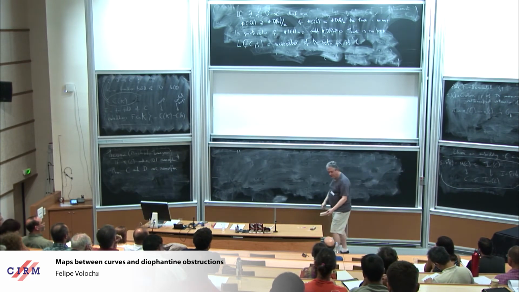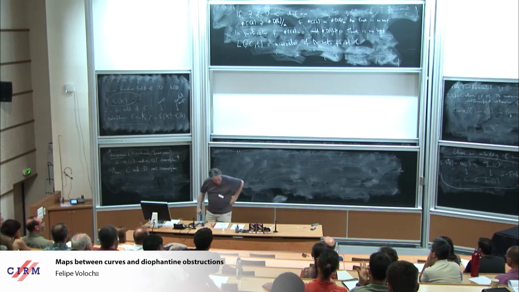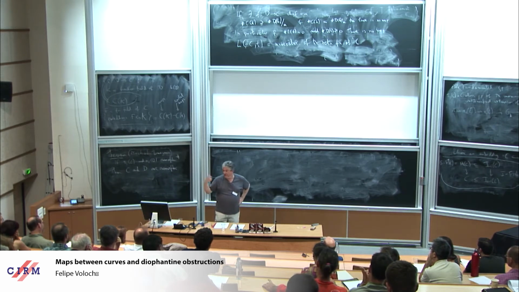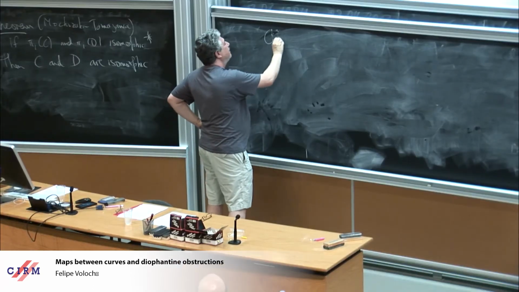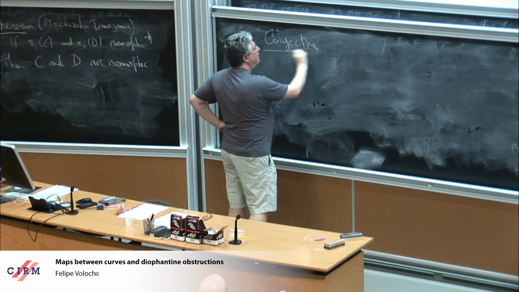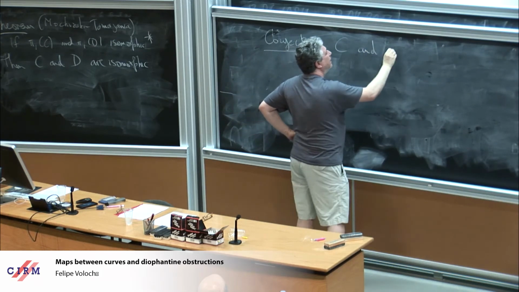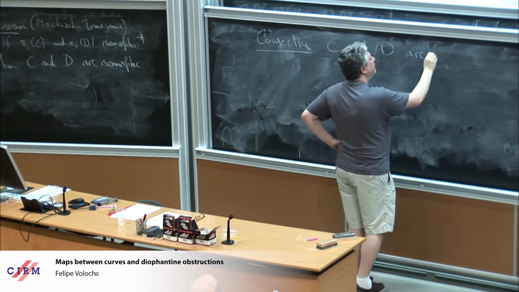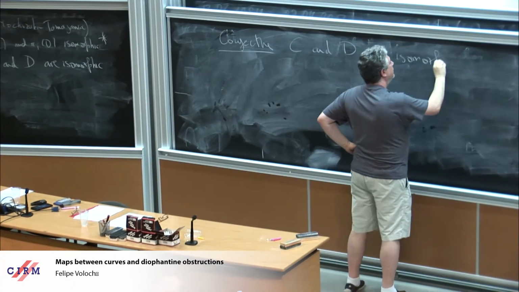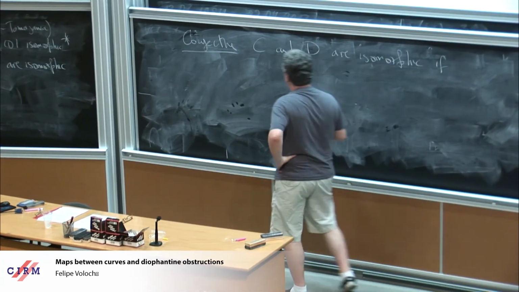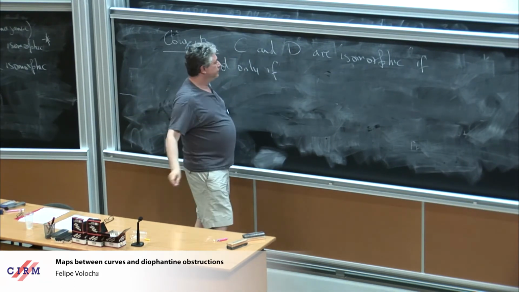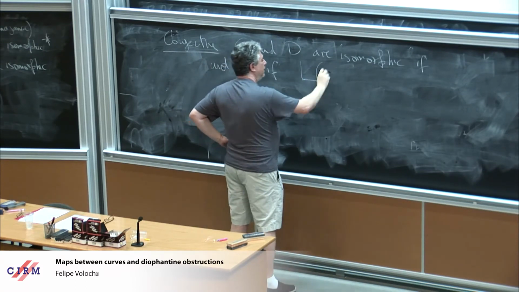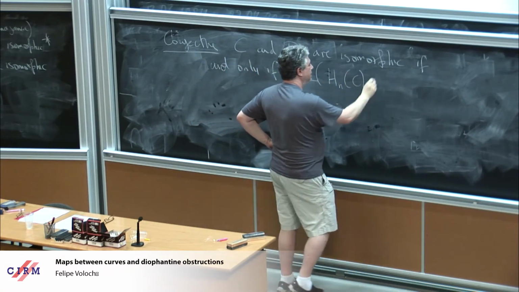So when I was writing this talk, I was hedging my bets, and I wrote a conjecture. Hedging my bets and making a conjecture doesn't really make big sense, but okay. So conjecture: C and D are isomorphic if and only if, so I'm going to write something and then I'm going to erase it.